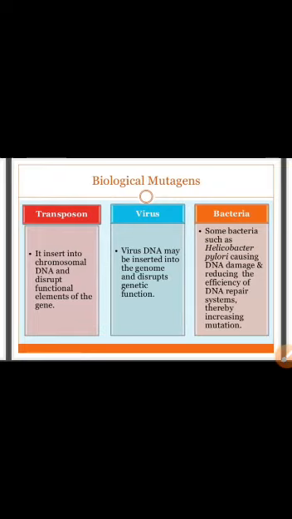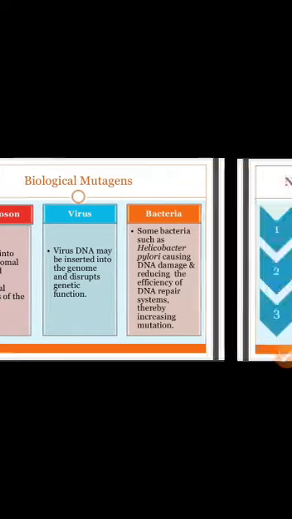Virus DNA may be inserted into the genomes and disrupt the genetic function. And bacteria such as Helicobacter pylori cause DNA damage and reduce the efficiency of DNA repair systems, thereby increasing mutation. So these are the biological mutagens which are used in mutational screening.